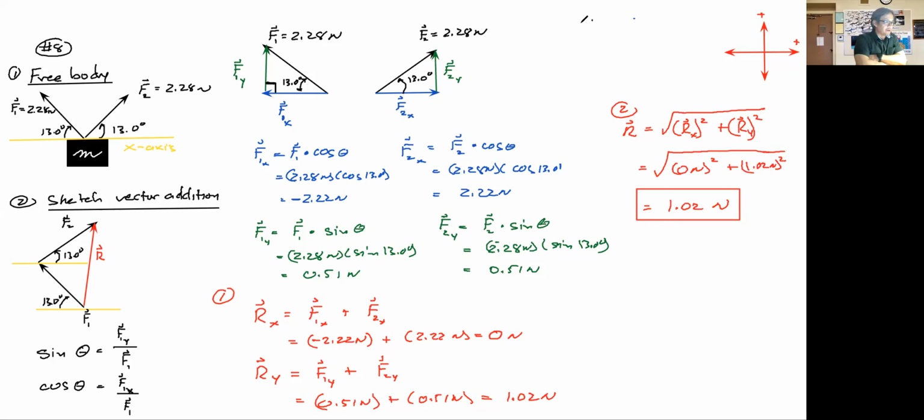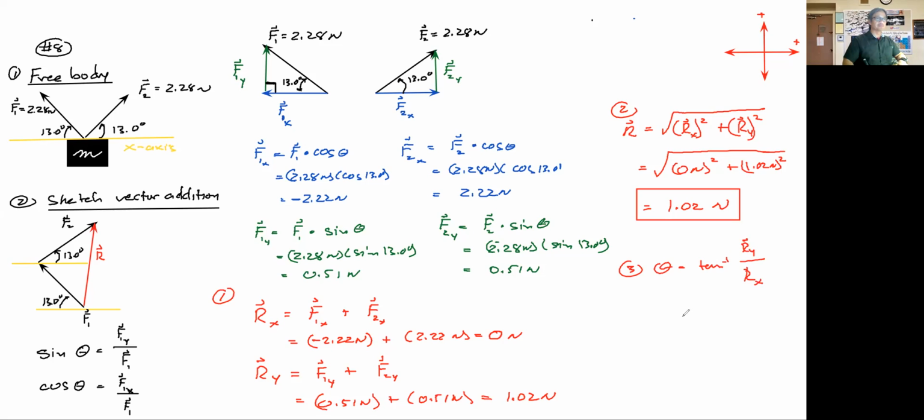Finally, we've got to get the direction of this vector. The direction would be the angle, so let's do that. The angle theta is going to be the inverse tangent of opposite over adjacent, r sub y over r sub x.